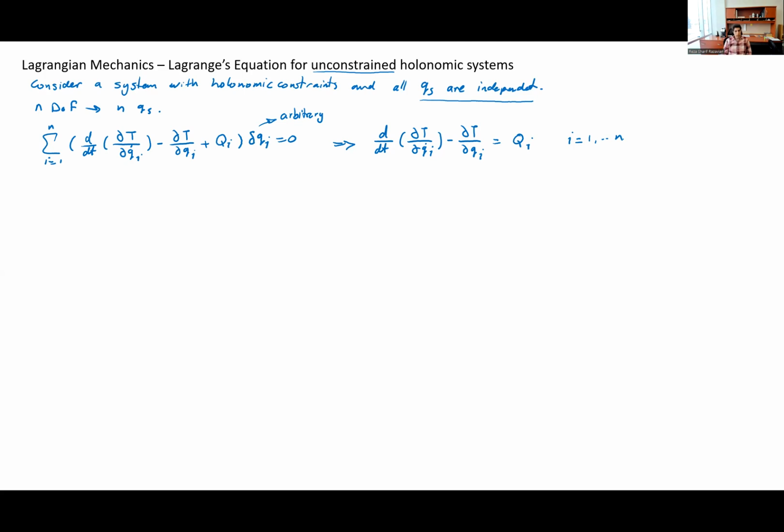So that is a very nice form. So if your system only has holonomic constraints and Q's are independent, we can do this.